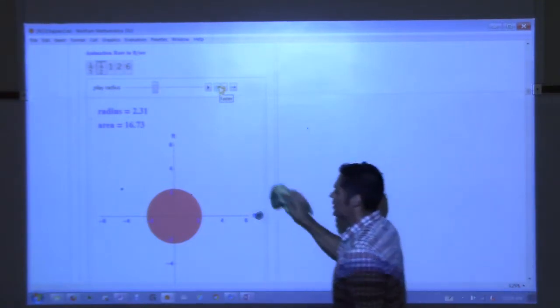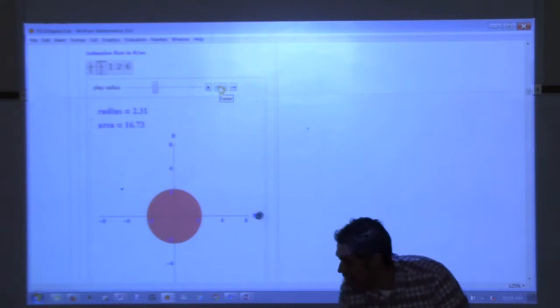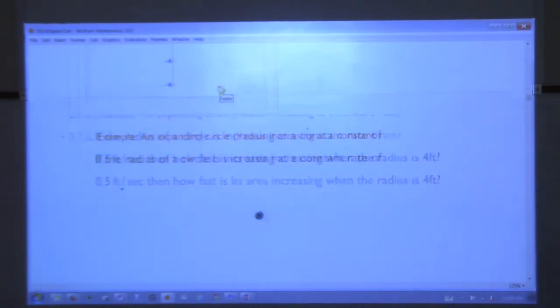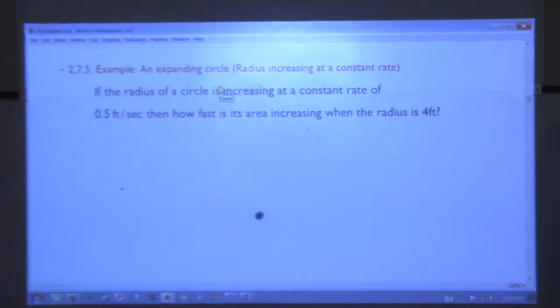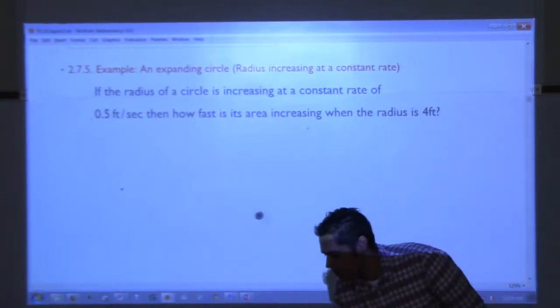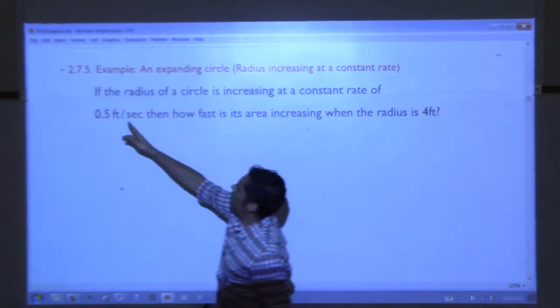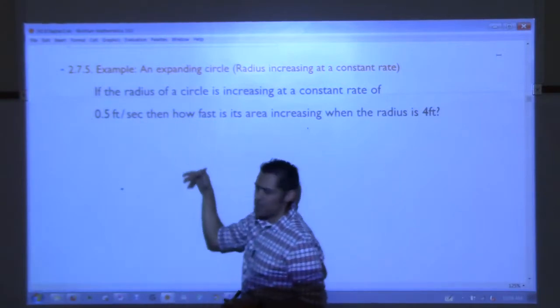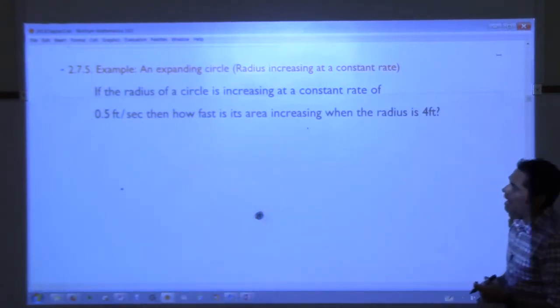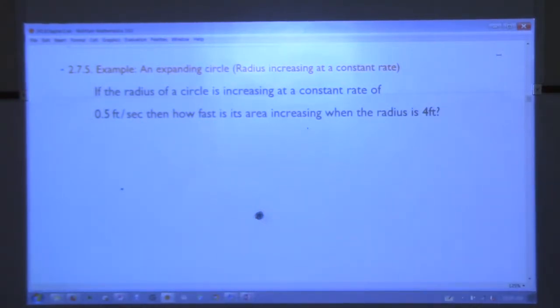All right, so I need to actually state the problem. Here we go. Here's the problem the way it would appear. If the radius of a circle is increasing at a constant rate of 0.5 feet per second, this is feet over seconds, so feet per second, then how fast is its area increasing when the radius is 4 feet?